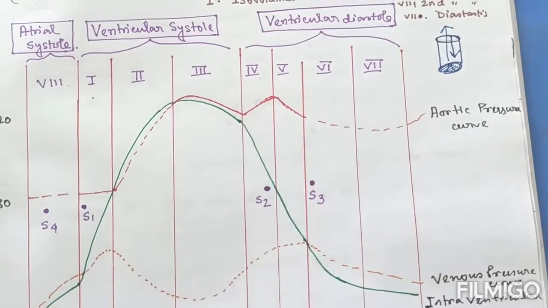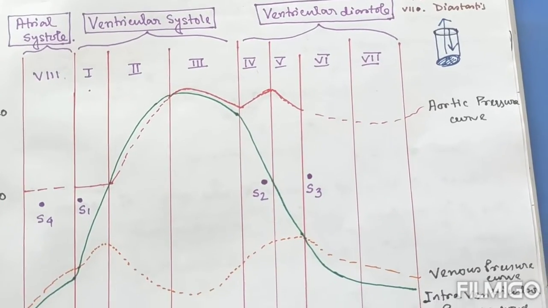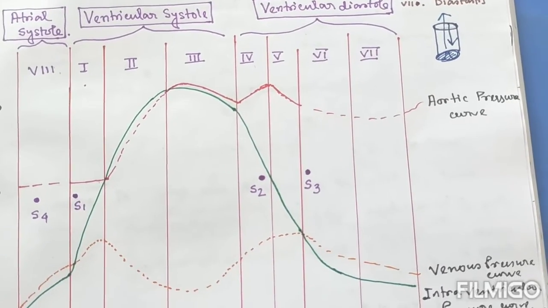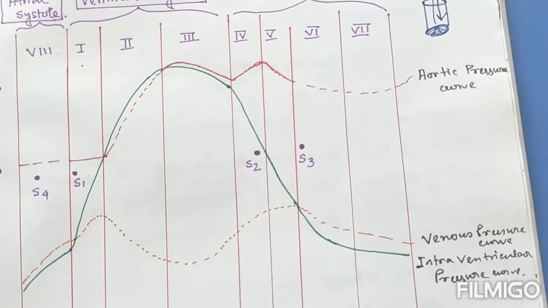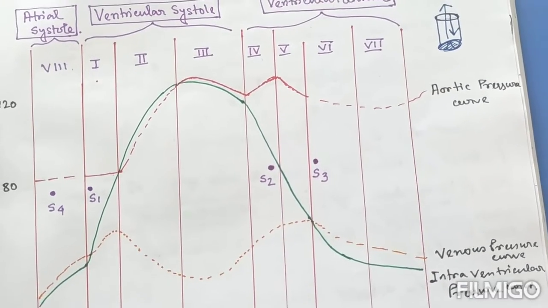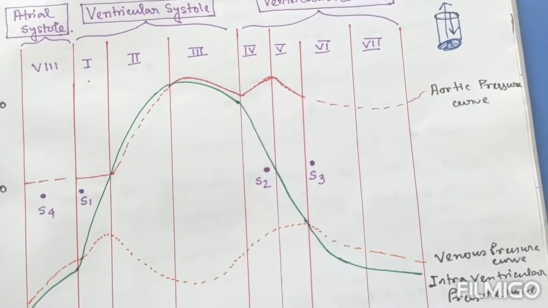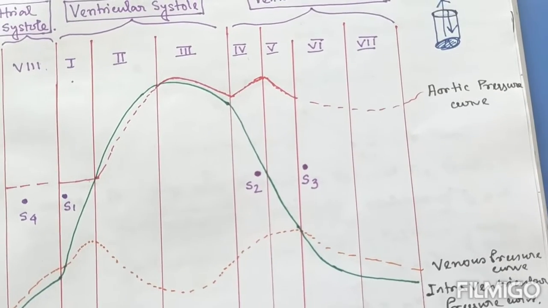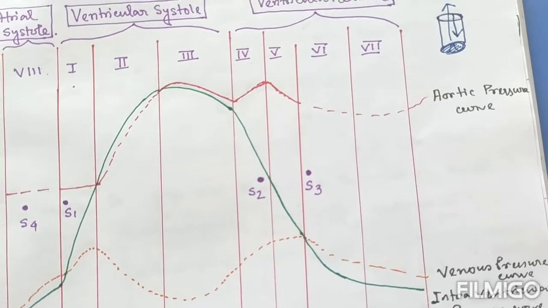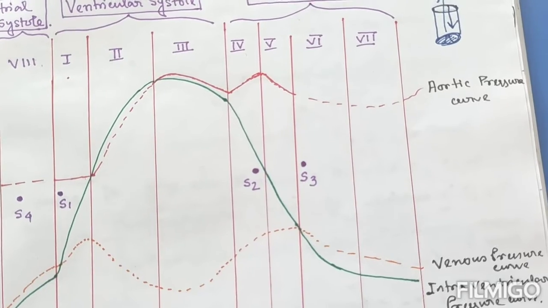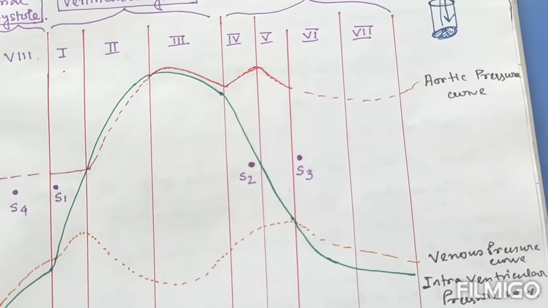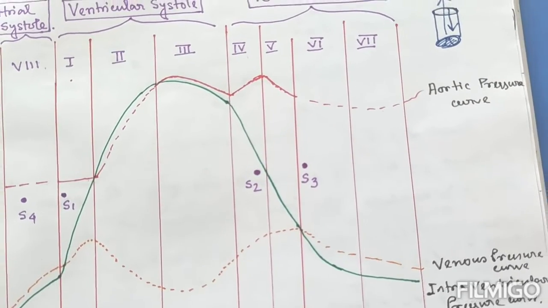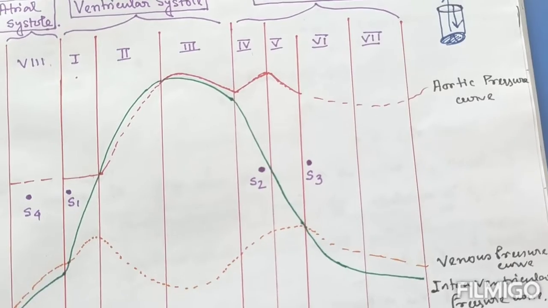This fluctuation is mainly due to the fact that when the ventricle is almost empty and aortic pressure is more than the ventricular pressure, blood tries to flow back from aorta to ventricle, because as a fluid, blood always tries to flow from higher pressure to lower pressure.